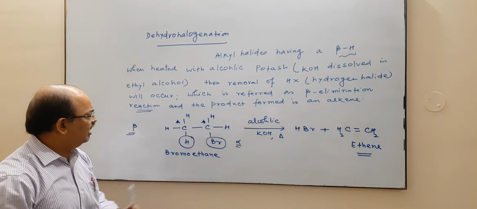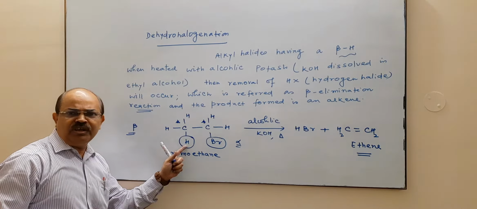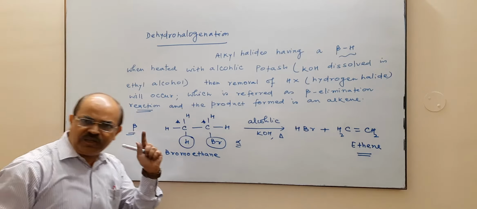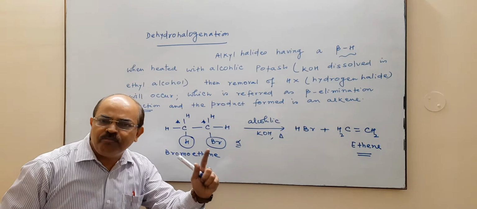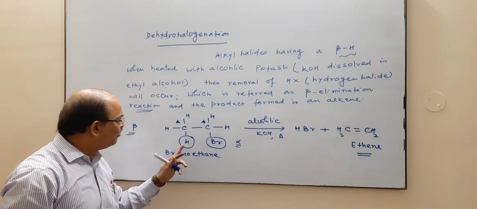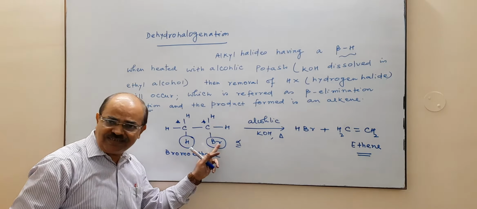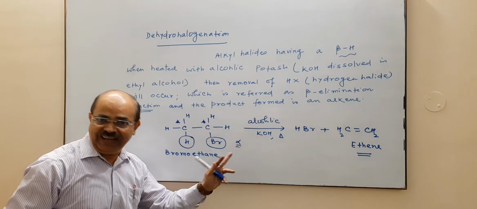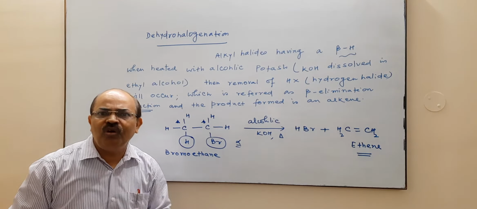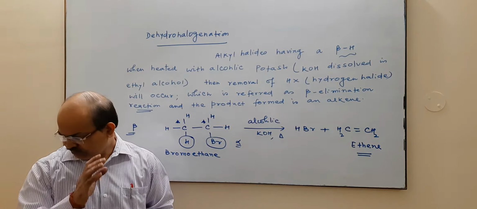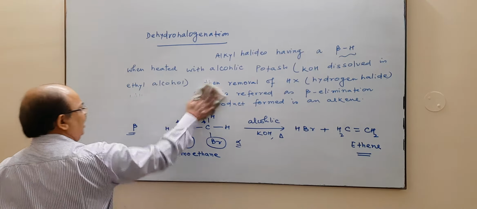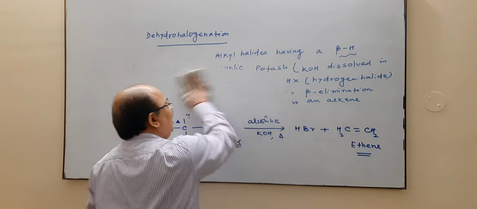So as hydrogen is removed from beta carbon, the elimination is known as beta elimination. Second point, there is removal of hydrogen bromide, that is hydrogen halide, hence it is known as dehydrohalogenation.